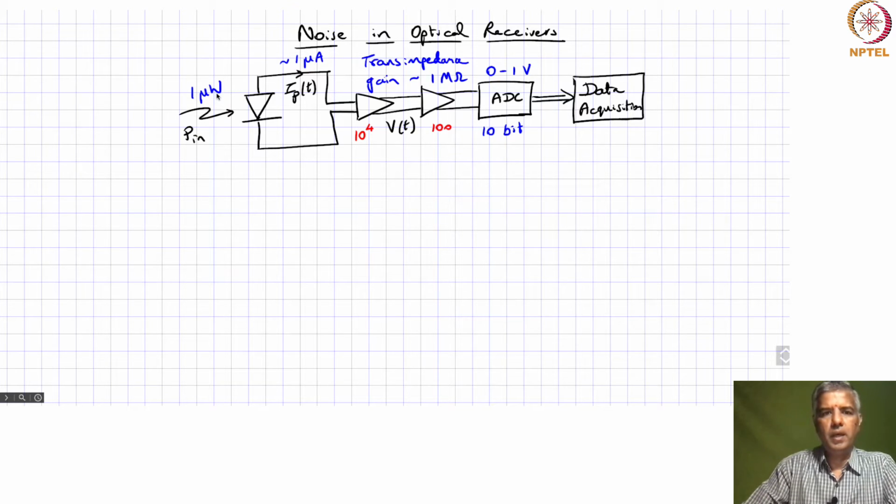So far we have looked at how light is actually detected using a photodiode, a PIN or an APD, and then how the photocurrent is converted into voltage using a transimpedance amplifier, which might of course also need further amplification using a voltage amplifier, and then it goes on to the analog to digital converter and data acquisition system and all that.